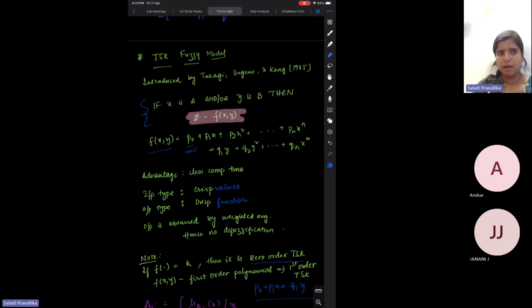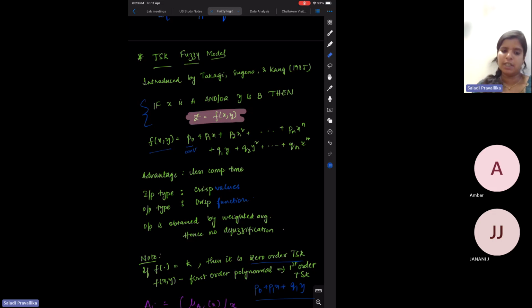If the degree of the equation is equal to 1, that is, no x square, no x cube, no y square, no y cube, and nothing above that, then it is called a first order TSK. Right? In this, the computation time is going to be less, just like the Tsukamoto fuzzy model. And this also follows a weighted average.